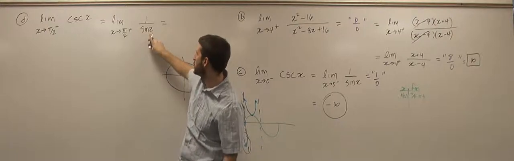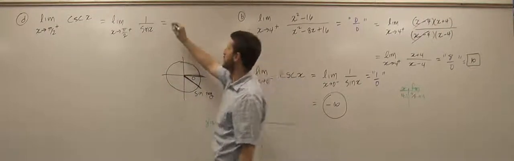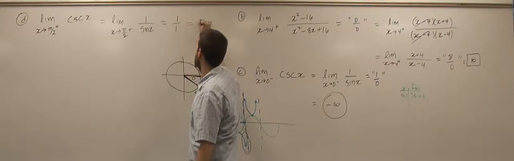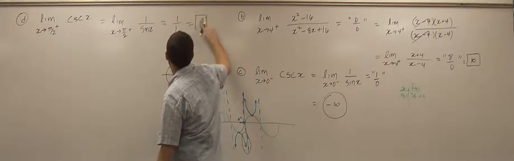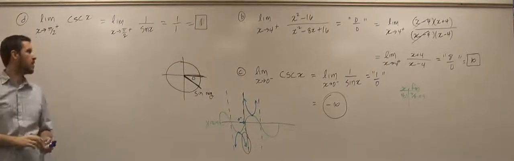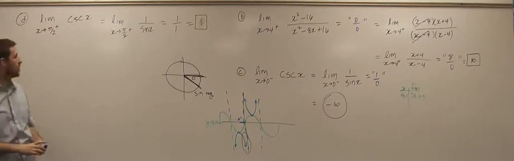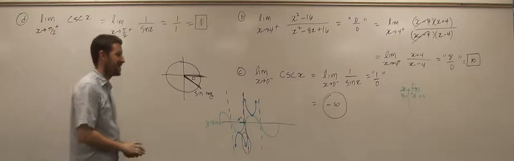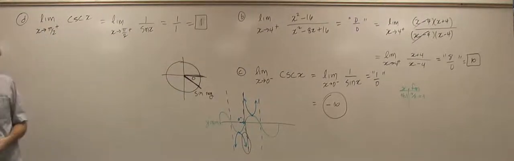When you plug in pi over 2 to sine, you're up here, sine is equal to 1. So this is just 1 over 1. So be careful that you don't make things too complicated. If you're not getting zeros in the denominator, then you just plug it in usually.